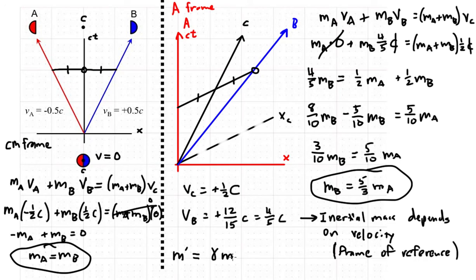And remember that factor, gamma is 1 over the square root of 1 minus v squared over c squared. So things that are moving faster have more inertial mass. This sort of explains why it's not possible for something with mass to travel at the speed of light, because as you approach the speed of light, this factor gamma approaches infinity.